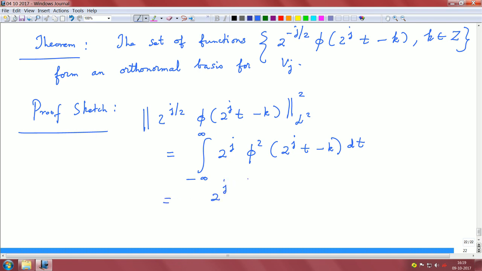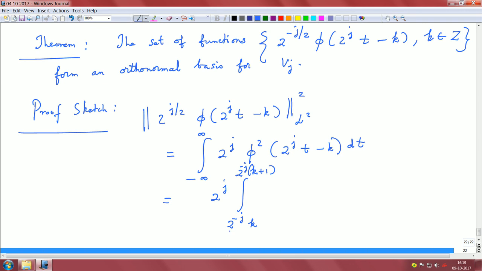You pull it out, and the limits, you pull 2 power j out, you get t minus 2 power minus j into k. Therefore, this exists from 2 power minus j times k to 2 power minus j times k plus 1.